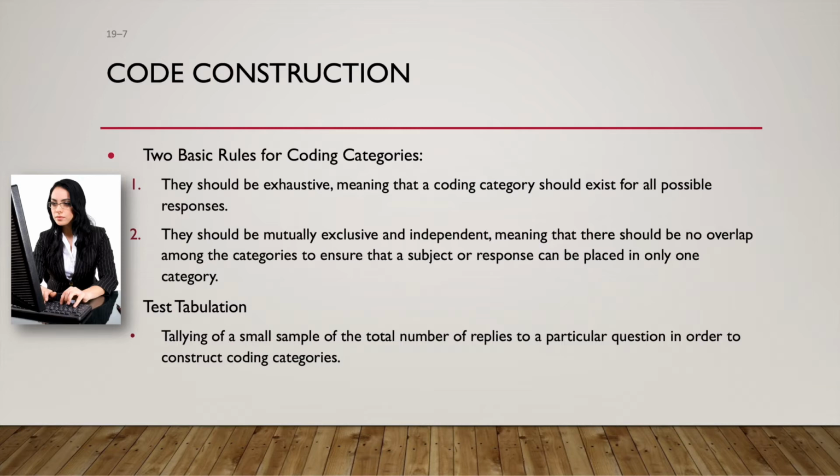Now, when it comes to code construction, there's two basic rules, and they are very important because I've experienced these firsthand. First, they should be exhaustive, meaning that a coding category should exist for all possible responses. So if you're studying, like I did, religious conversions, then you need to put down every variable that would give a clue or give an indication of what that experience is like.